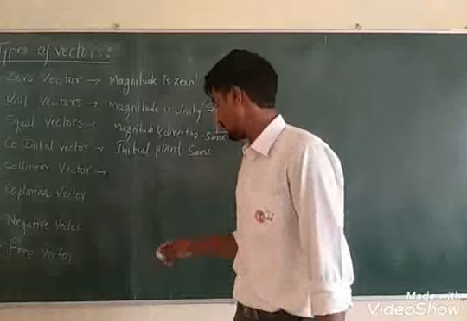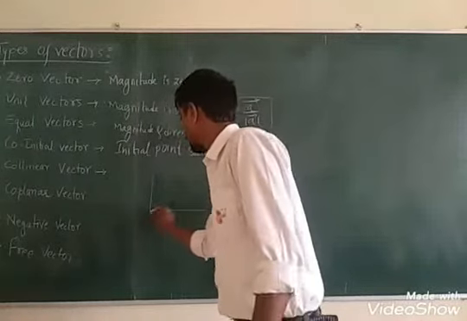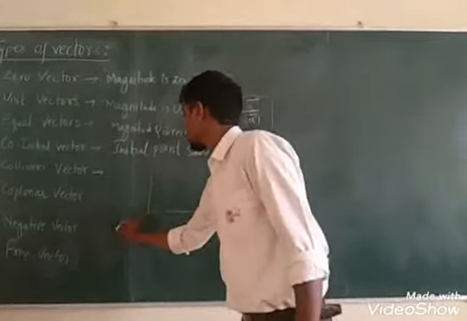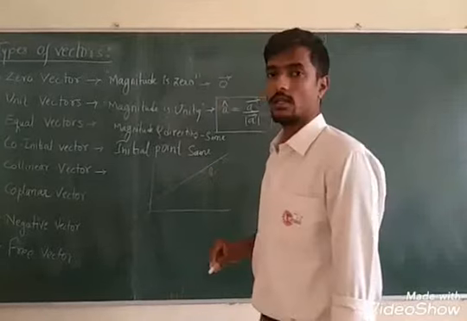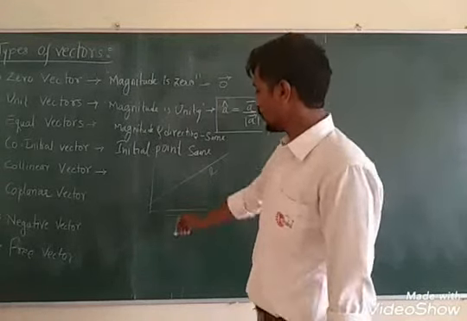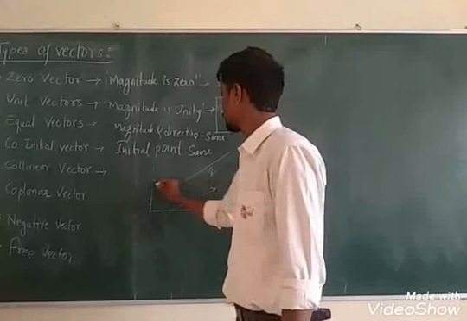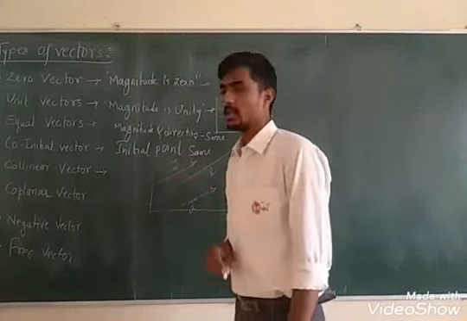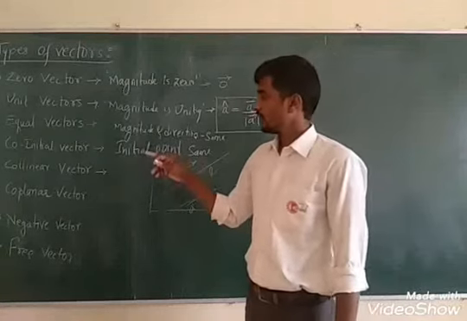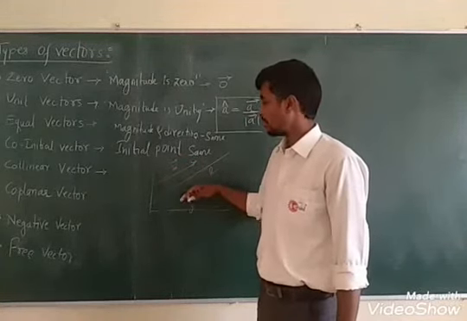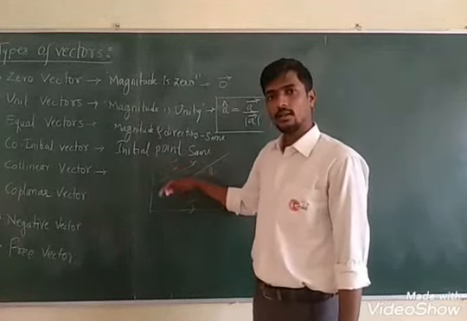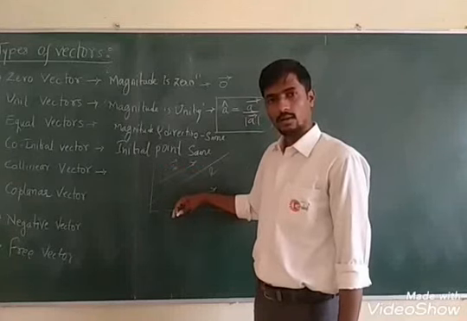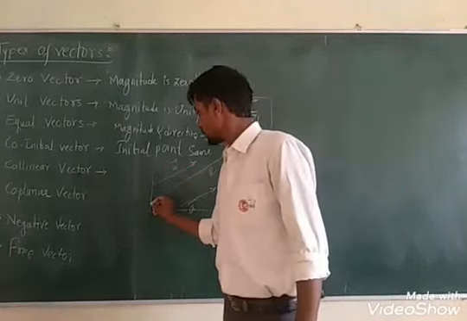For example, if I say this is our 3 dimension, and this is our line, and if I draw two vectors from here and here, this is vector A and vector B. Collinear vectors mean the vectors are parallel to the same line or parallel to each other. Otherwise, they are along the same line.